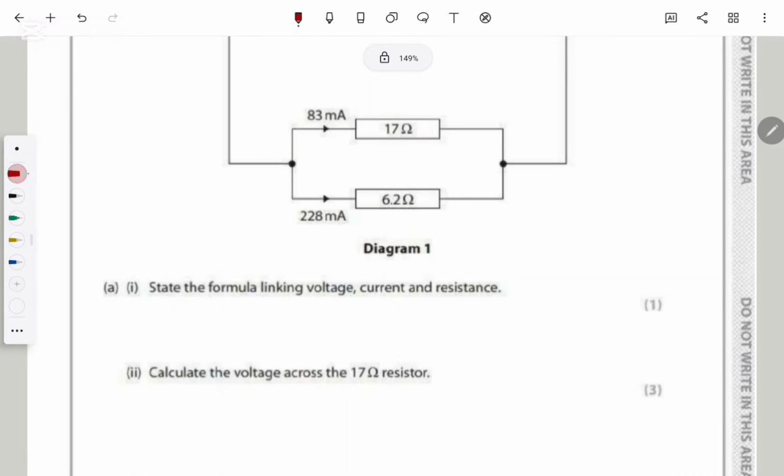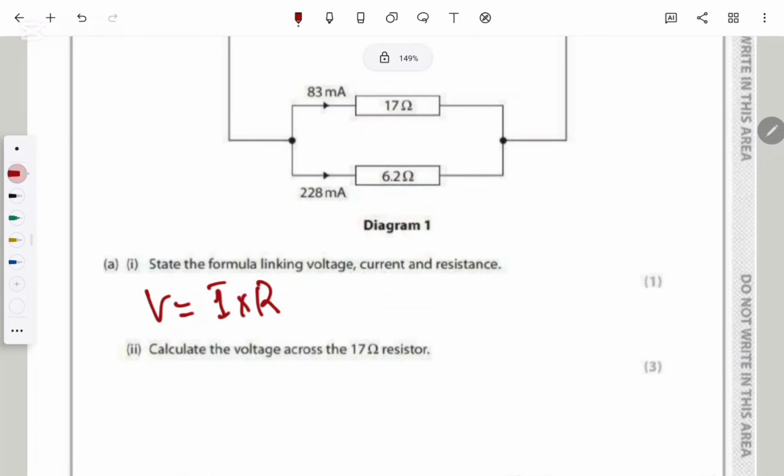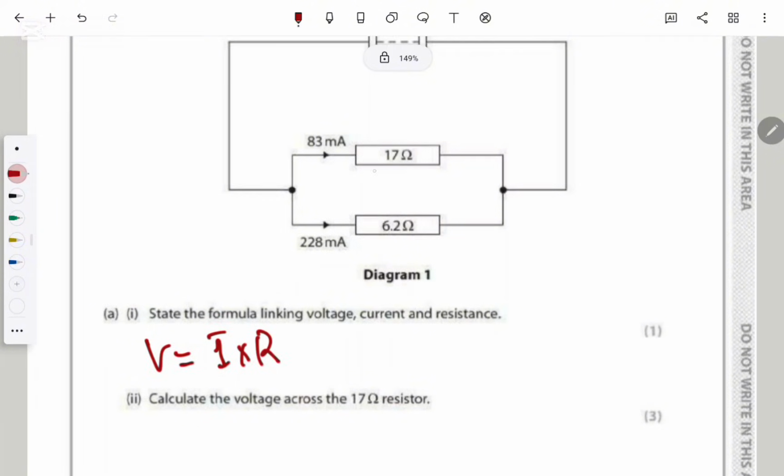State the formula linking voltage, current, and resistance. Voltage equals current multiplied by resistance. Okay. Calculate the voltage across the 17 ohm resistor. Go to the 17 ohm resistor right here. You know the amount of current that enters it, which is 83 milliamperes, and you know the resistance it has.